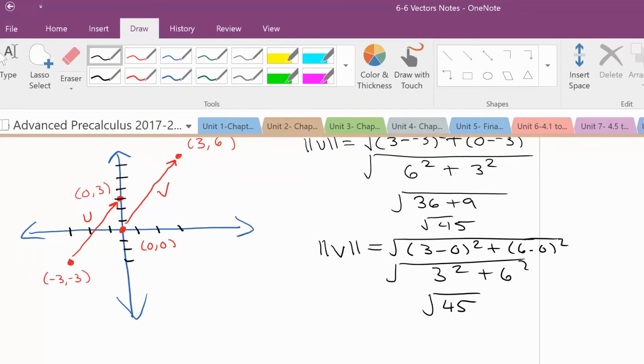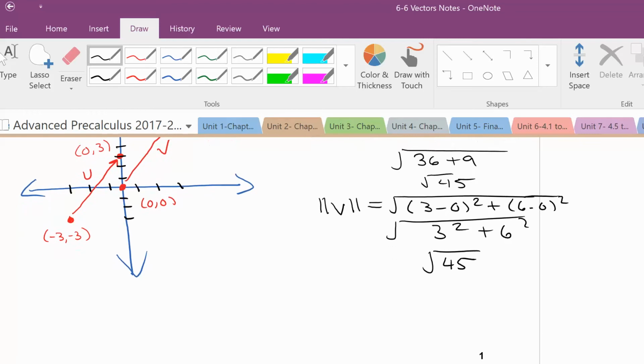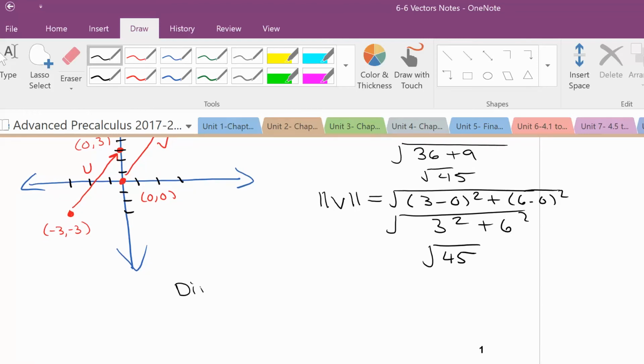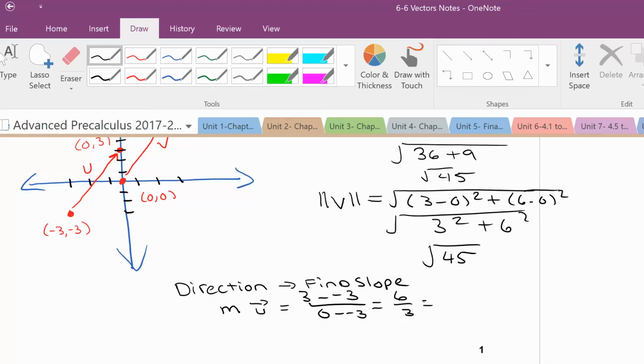To see if they have the same direction, we're going to find the slope. And if they have the same slope, that means they have the same direction. So the slope of vector u, remember it's y2 minus y1, so 3 minus negative 3, over 0 minus negative 3. So it's 6 over 3, which is 2.